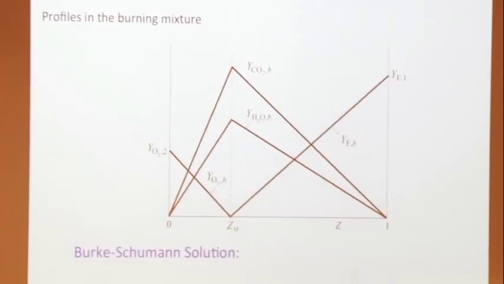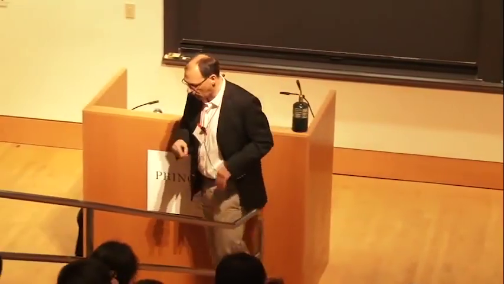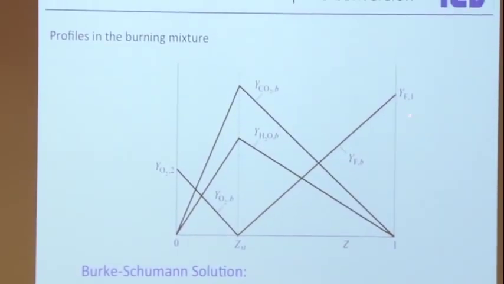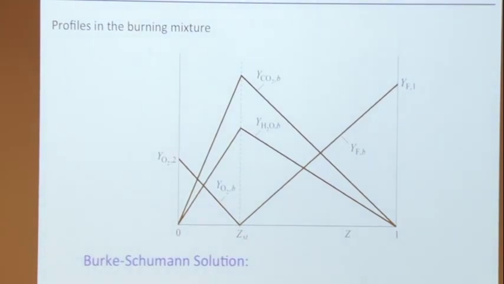So if we look at combustion of a pure hydrocarbon with pure air, then you get a solution like this as a function of mixture fraction. We assume infinitely fast chemistry and full conversion to products.